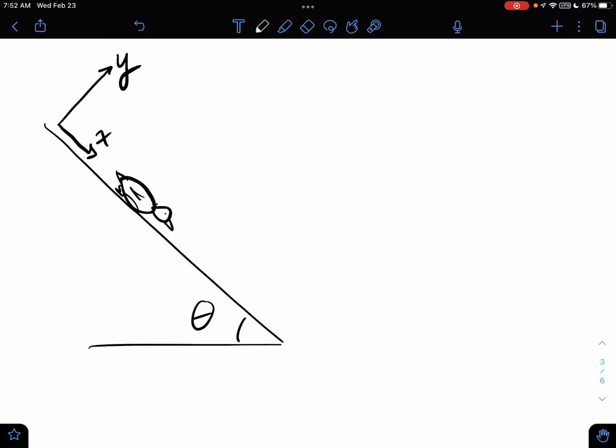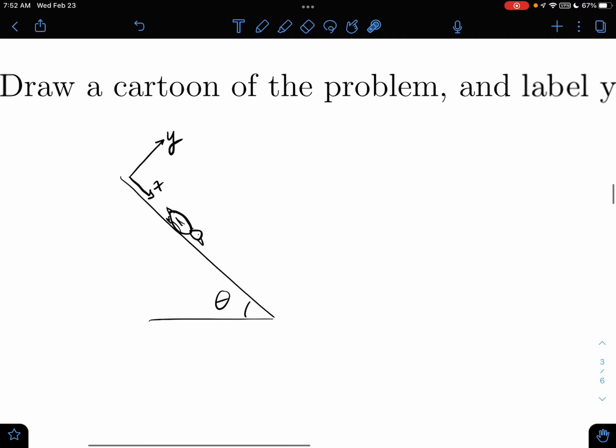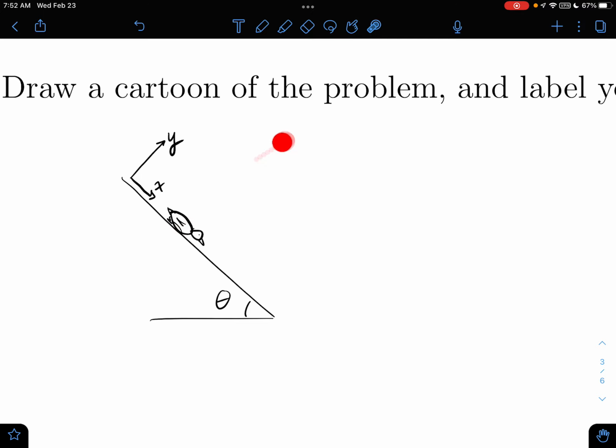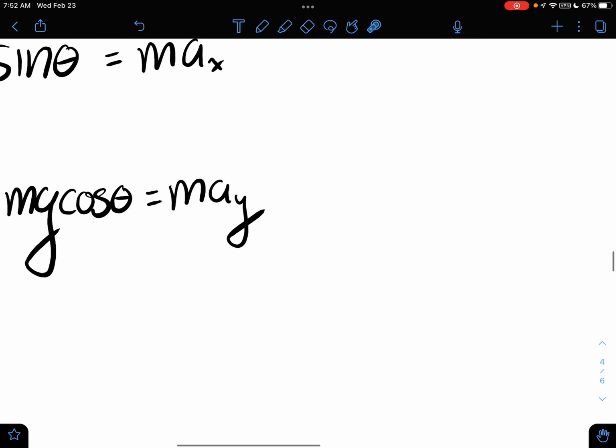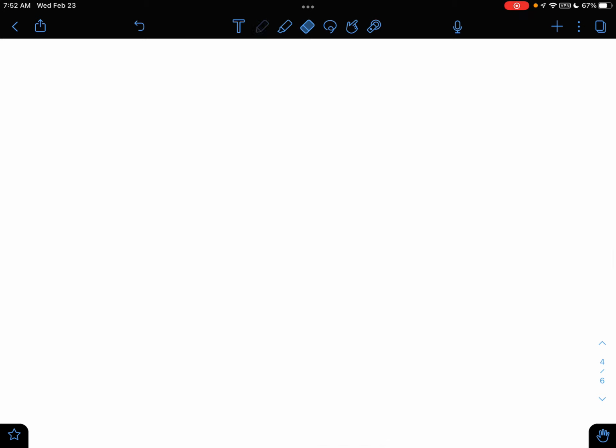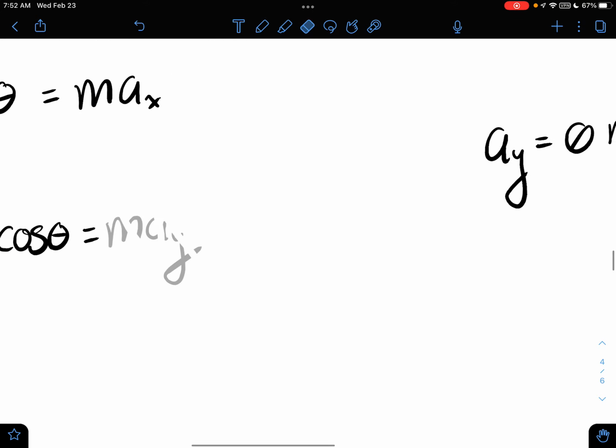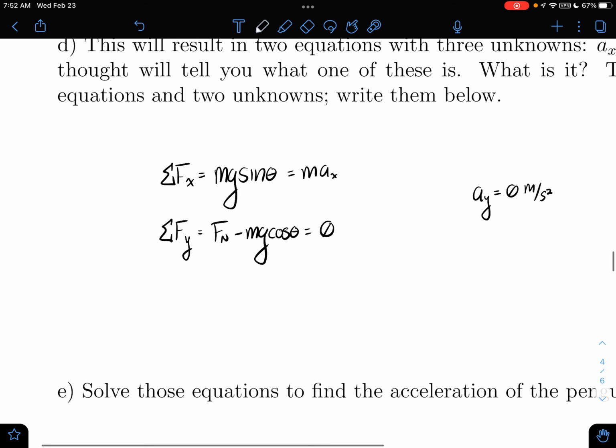So that means that our y direction of our acceleration for our penguin is going to be 0. So we can literally just say our AY is going to equal 0 meters per second squared. Suddenly this whole term disappears.